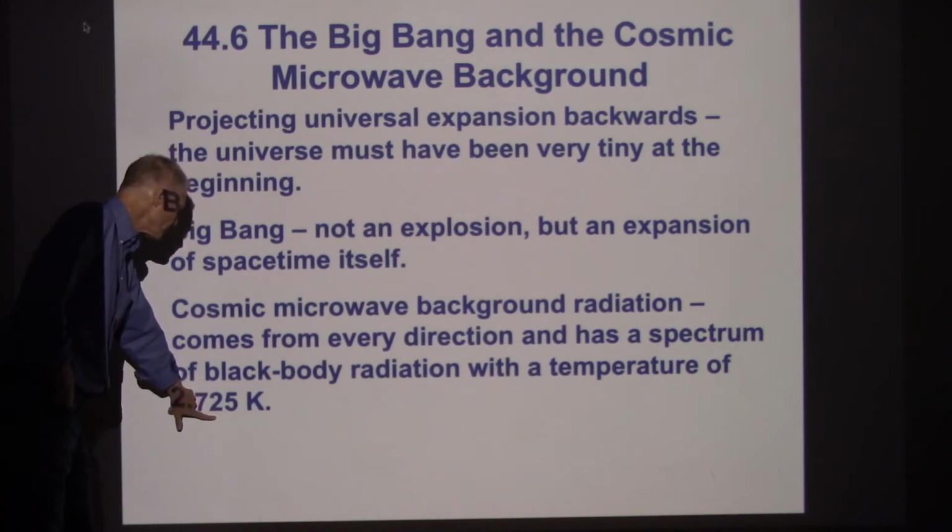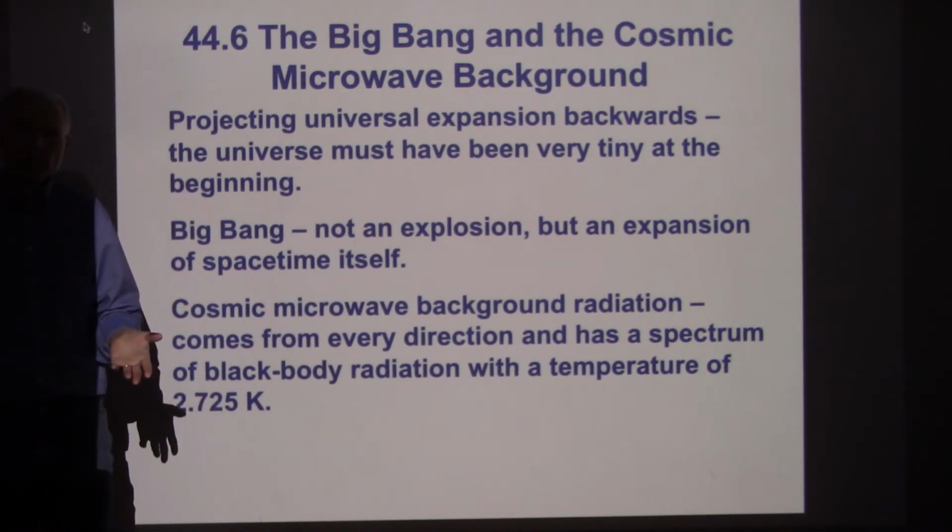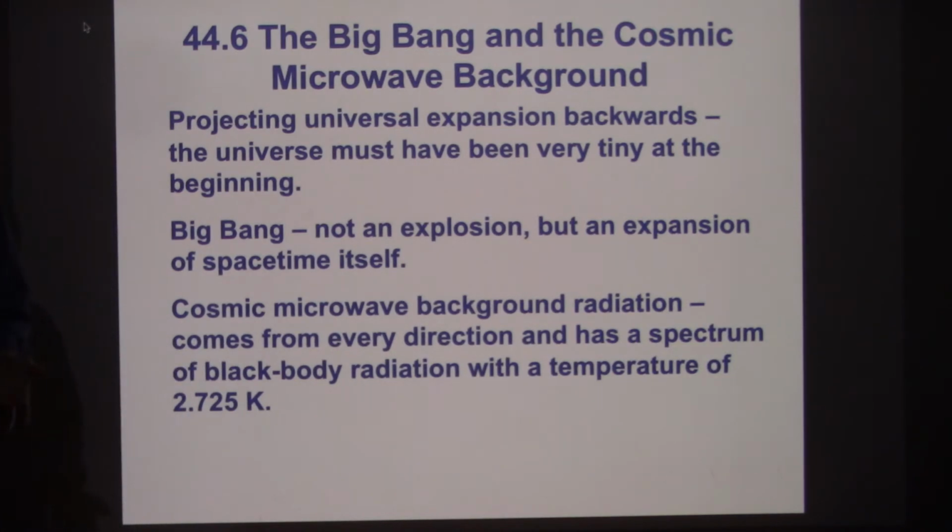2.725 Kelvin. So if you think back to chapter 37, when we were looking at thermal radiation, those photons used to be at a thermal radiation temperature of 3,000 Kelvin, which means they had a peak wavelength that was in the red part of the spectrum or probably off into the infrared just a bit.